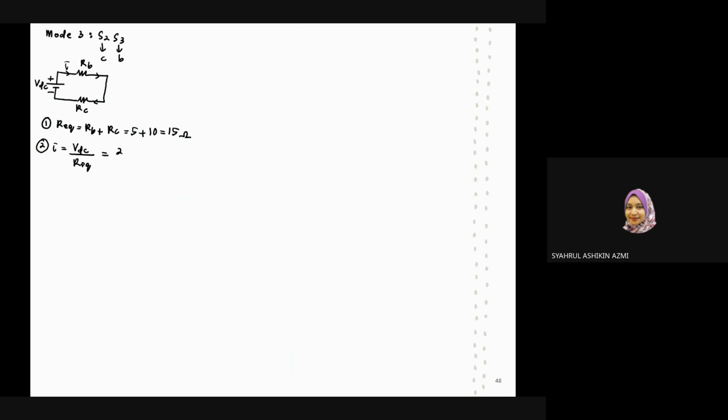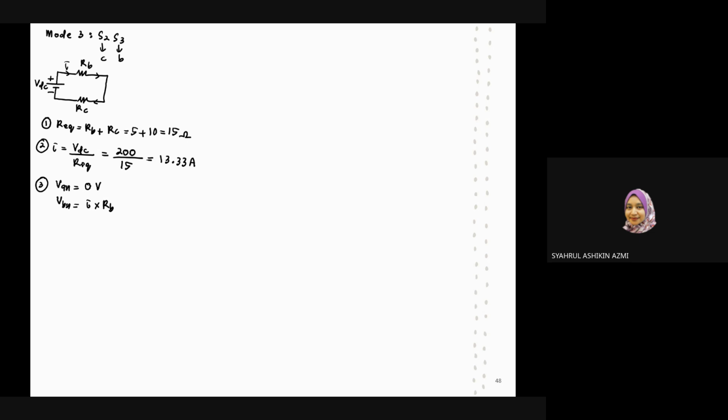So 200 you divide by 15. What do you get for the current? 13.33 ampere. Okay, 13.33 ampere for your current.